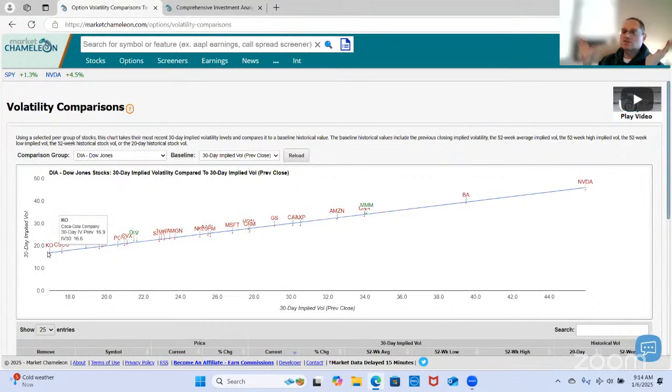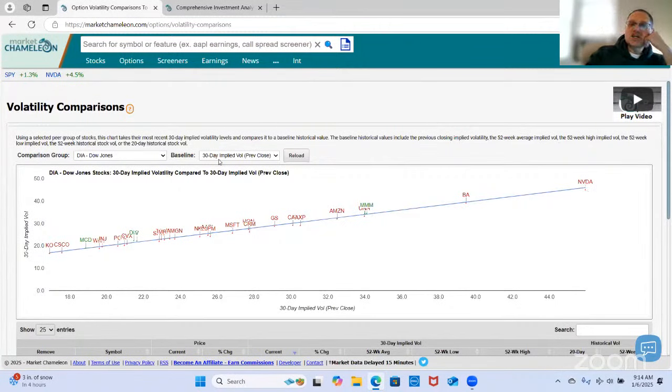Because maybe it usually trades much lower, like 12, let's say. And even though NVIDIA in this group is trading at the highest implied volatility, maybe relative to itself that's low. Maybe it usually is like 60, and now it's 40. So on a relative basis, they could look much different relative to themselves. And from that perspective, NVIDIA could look low while Coca-Cola could actually look like it's high.